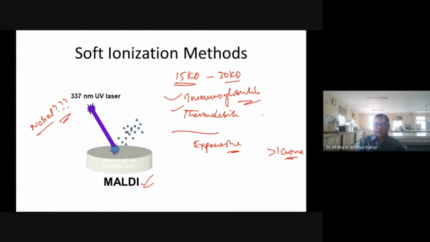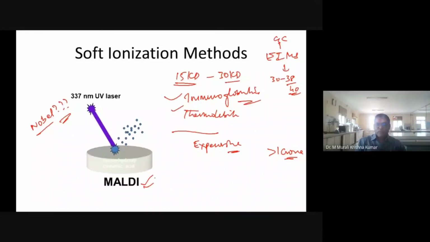Just now we have seen EAMS, how much it was costing. EAMS, even if it is coupled with GC, costs about 30 to 38 lakhs, or let's say 40 lakhs, not more than that. An excellent machine made by Agilent or PerkinElmer will come at this cost.